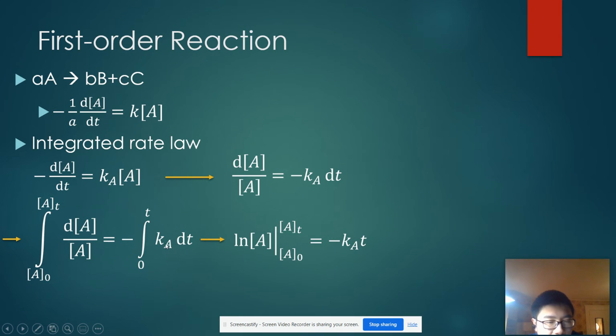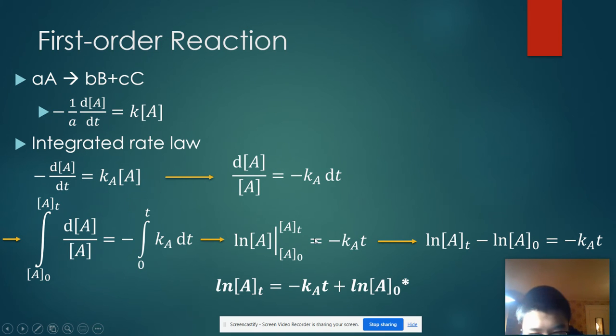On the right side, since k_a is a constant, it's the same as before. It's negative k_a times t if we integrate from 0 to t. On the left side, we integrate from [A]_0 to [A]_t. So the left side is equal to the natural log of [A]_t minus the natural log of [A]_0, which is equal to negative k_a times t.